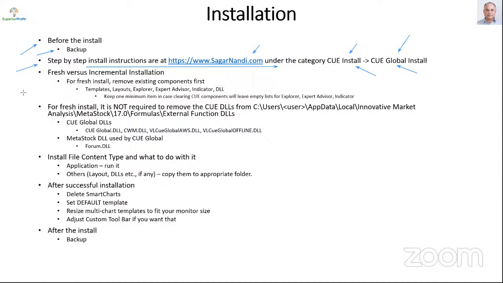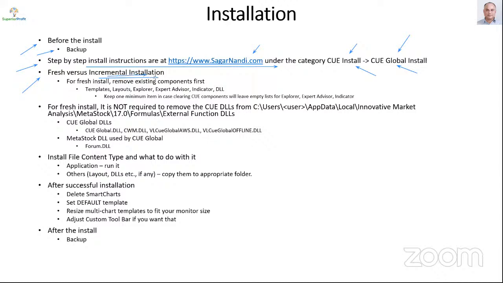Now, while installing Q global, it can be one of two types. Either fresh installation, that means this is the first time you are installing Q global on a computer, or incremental installation. Maybe you installed Metastock and Q Global already before, and now there is an enhanced version of Q Global.